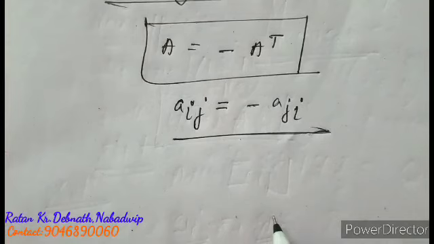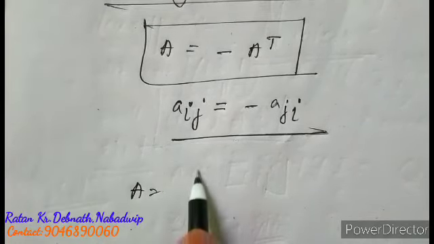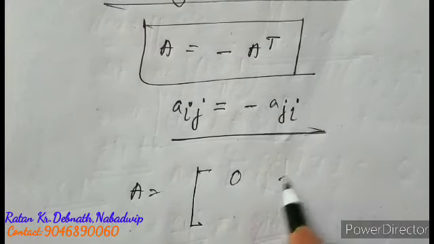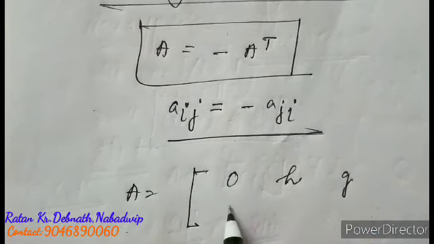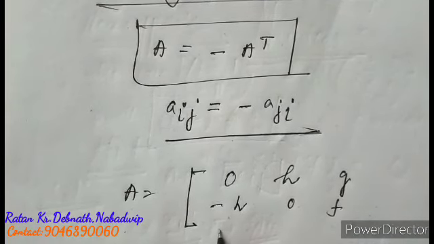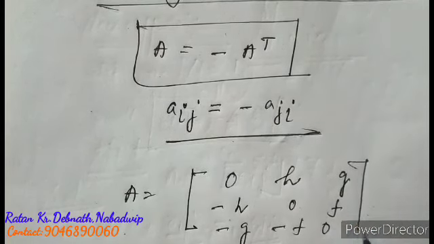As for example, A equals to 0 h g, minus h 0 f, minus g minus f 0.